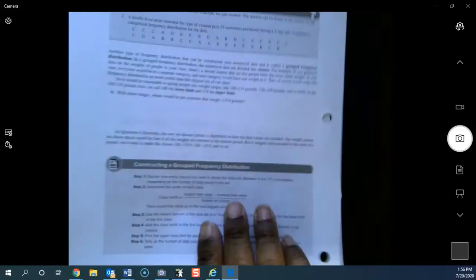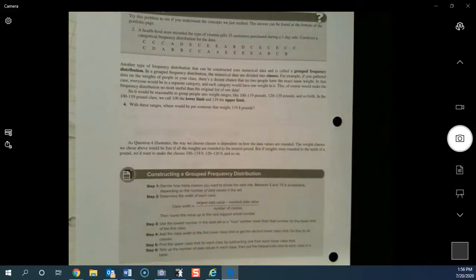Okay, now it says another type of frequency distribution that can be constructed using numerical data is called a group frequency distribution. In a group frequency distribution, the numerical data are divided into classes. For example, if you gather data on the weights of people in your class, there's a decent chance that no two people have the exact same weight. In that case, everyone will be in a separate category, and each category will have one weight in it.